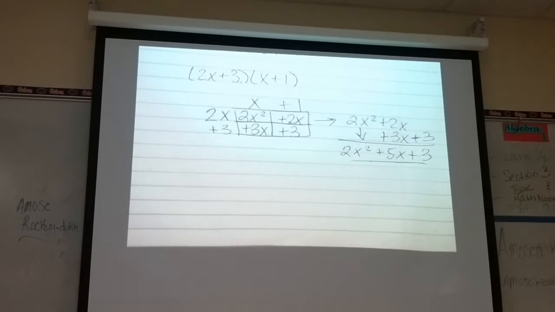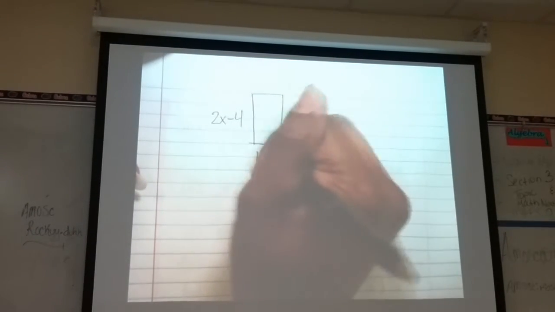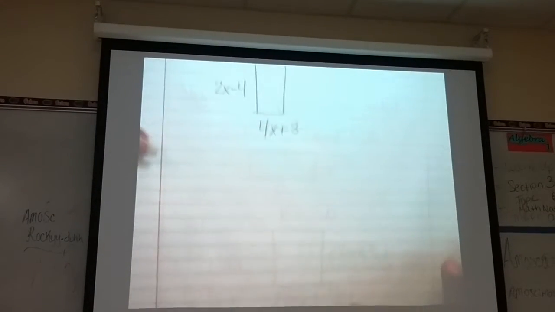Now remember, you can pause the video at any time if I'm moving too fast. Alright, so we're going to do another example. 2x minus 4 times 4x plus 3.